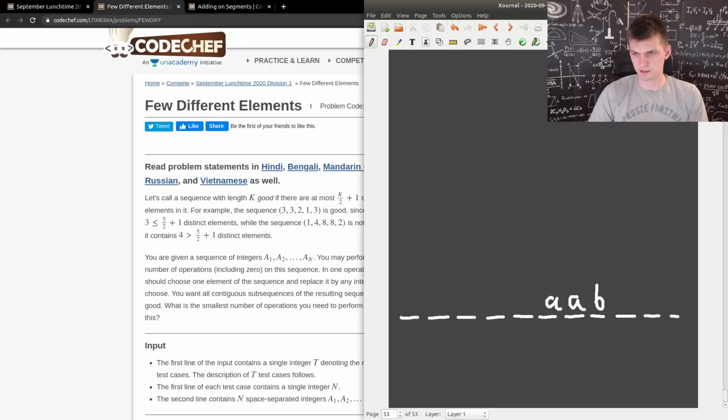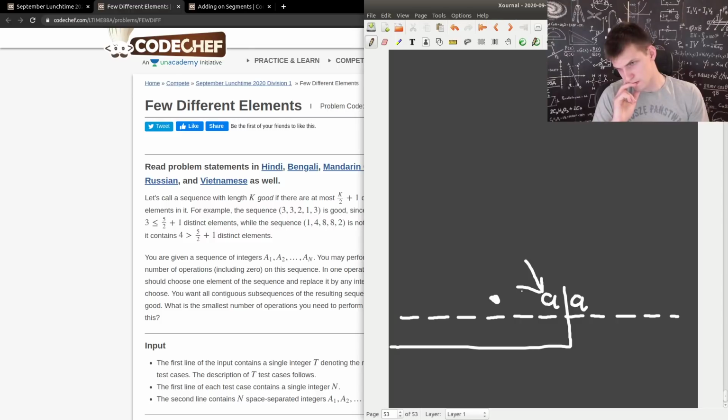Okay, if it's like this, if there is AA in a row, two equal numbers, then I think I can split the sequence into this and that. Maybe when processing this part, I will try to make this number equal to this one. Can it happen? And can I avoid it? That's only necessary if those are different, x and y.